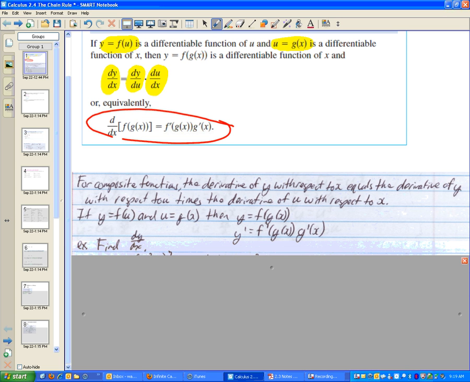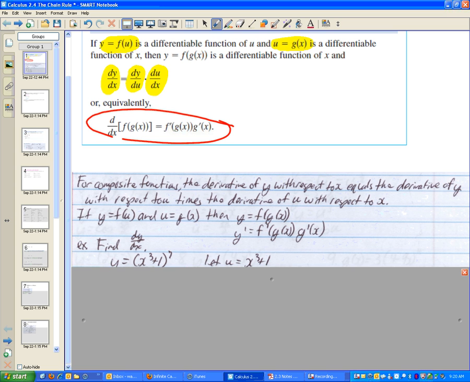So here's our example. Write this down. We're going to find dy dx, the derivative of y with respect to x, and this is y. Y equals x cubed plus 1, that quantity, to the 7th.